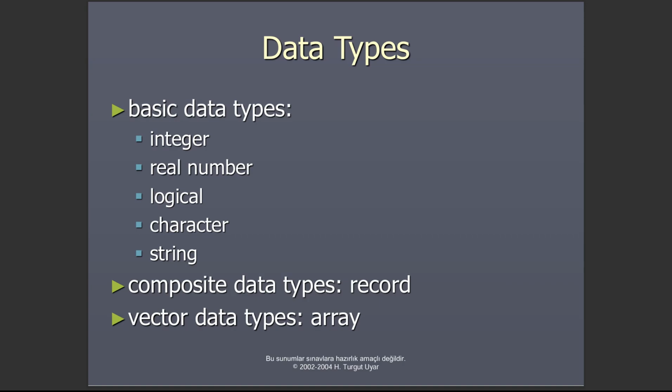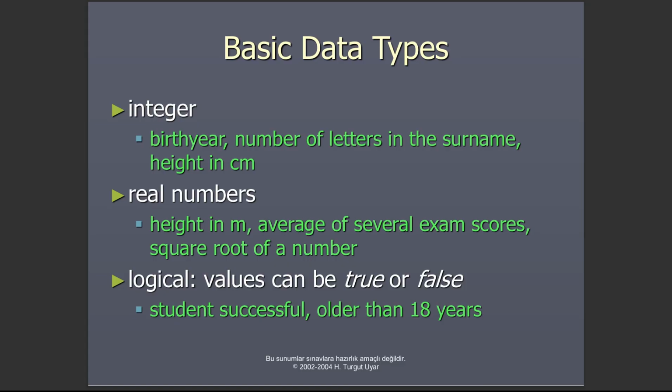Let's look at the basic data types first. Integer, these are numbers like a birth year or height in centimeters, and integer stores just numbers, not floats.